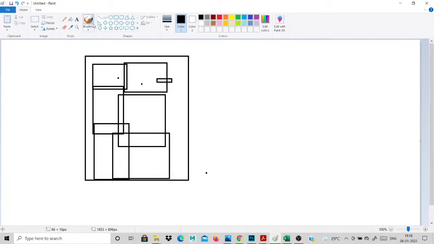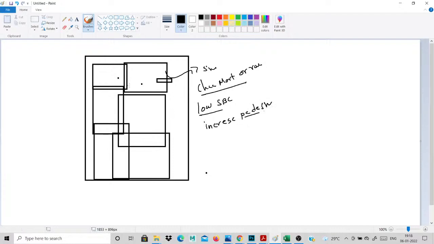So the next condition is that I simply choose a mat or raft foundation. Low SBC means your pedestal size automatically increases, and the pedestals will collapse into each other.